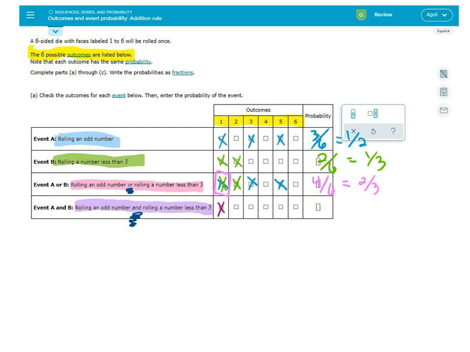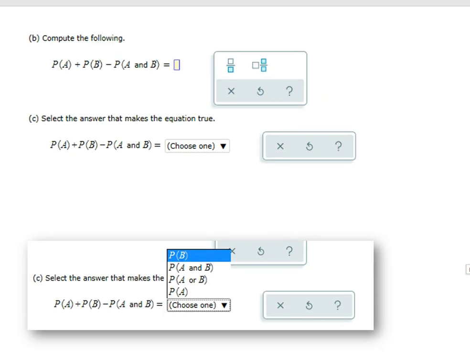That box had both blue and green on it. So the number 1 is the only number that is both odd and less than 3 at the same time. So the probability here is 1/6. Now that fills in that part, and then it takes you on to the next part.